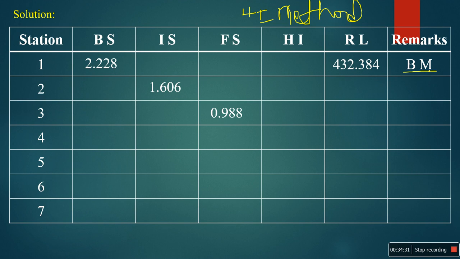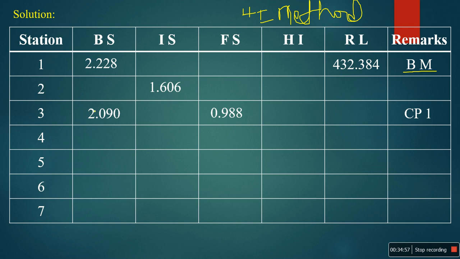Then they have shifted the instrument. Then again in the same staff station they have taken the backsight from the different instrument setup. So you have to enter that staff reading along the third staff only. Okay. So here you have to enter our BS reading. Similarly next IS.